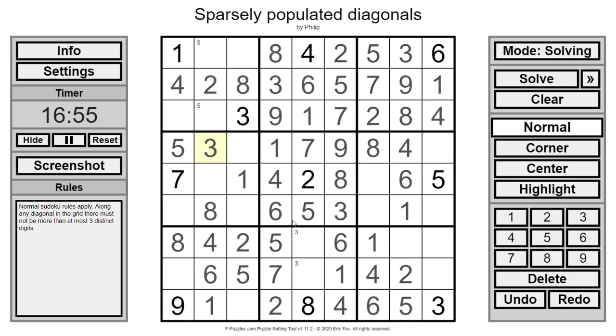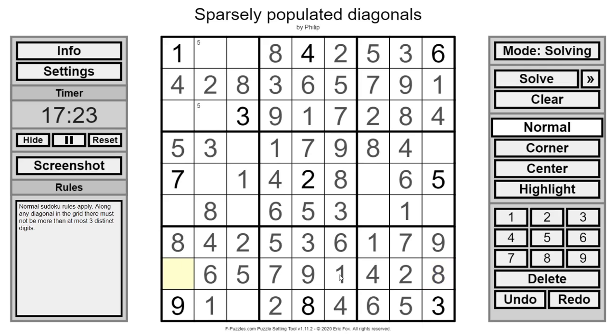We now know this is 3, 1, 6. This can't be 1 or 6, so that's a 3. This is a 9, it looks like. 9 over here. 1, 2, 3, 4, 5 is missing. No, not 5. 7. And 8.